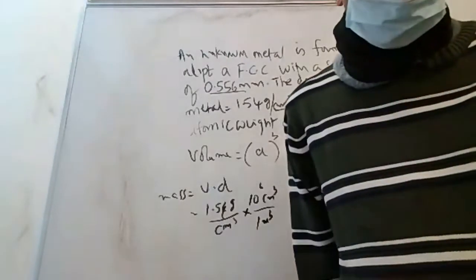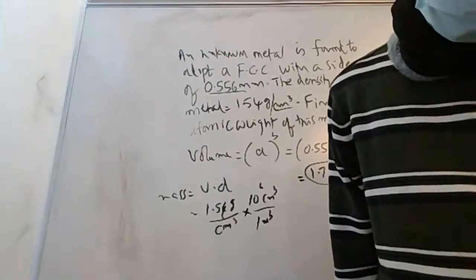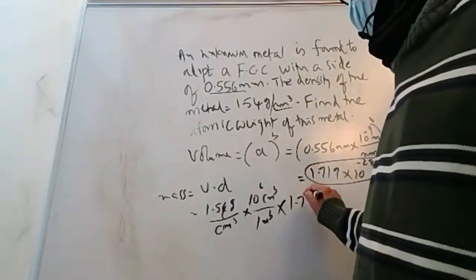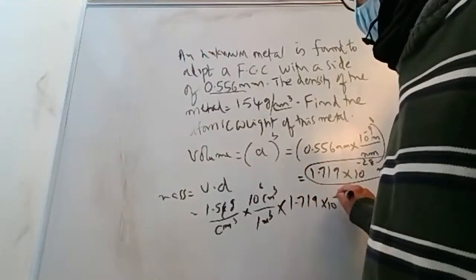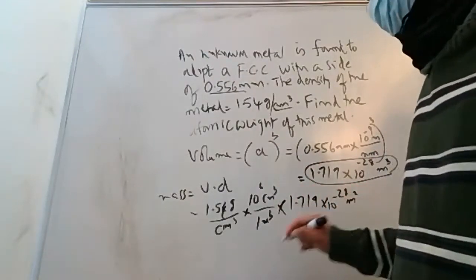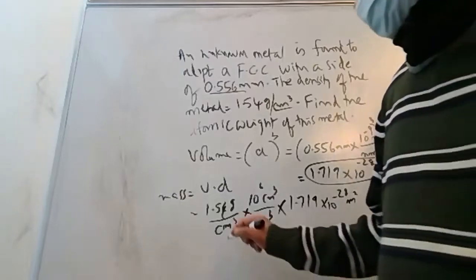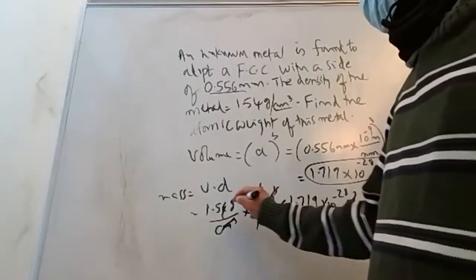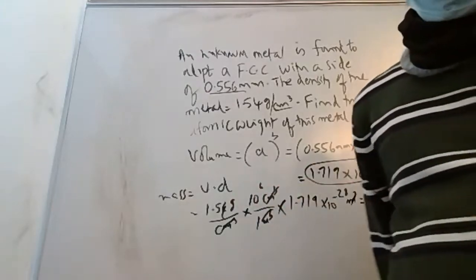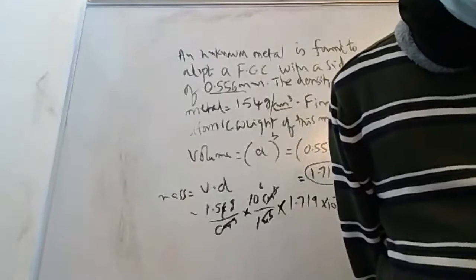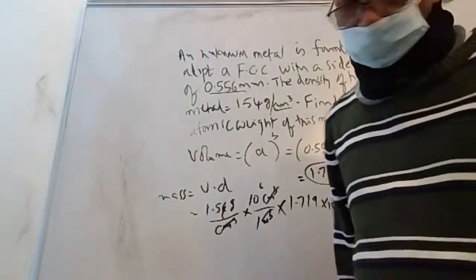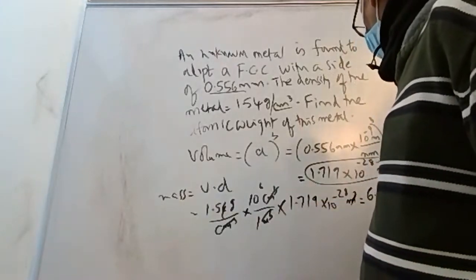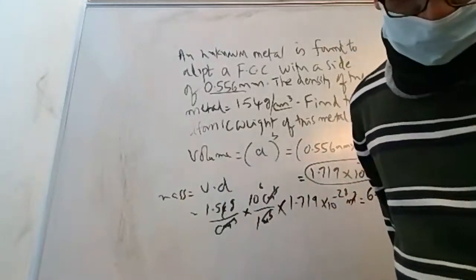And then we have the volume, which is 1.719 times 10 to the negative 28 cubic meters. If you look at the arrangement, cubic meters cancel, and the answer will be in grams. So that works out to be 6.618 times 10 to the negative 23 grams.